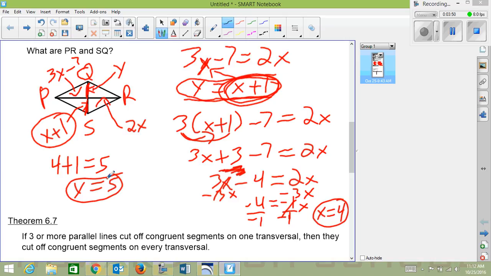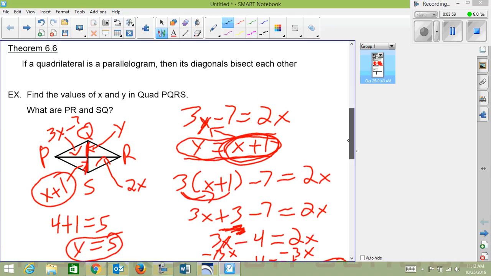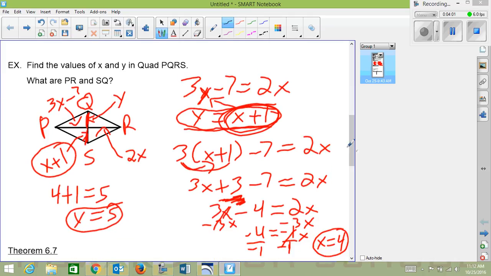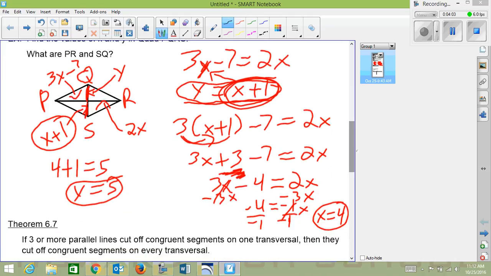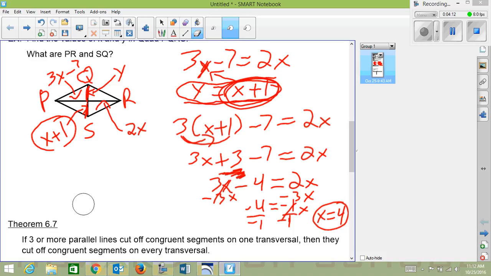Then I have to use that information to solve for PR and SQ. I need to make some space here, so I'm going to erase this so I have some room to work.